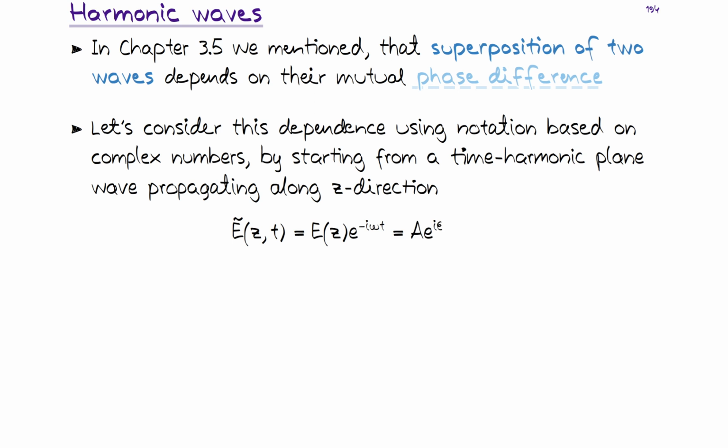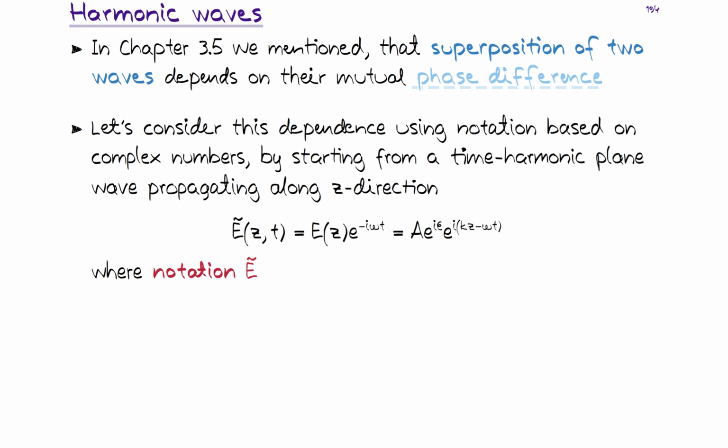And now I can break the position dependent part, so the propagation part, the harmonic plane wave part, into a term where I have the amplitude of the field A times some kind of initial phase, exponent i epsilon, and then I have my time-dependent harmonic plane wave contribution propagating in the z direction, so exponent i (kz minus omega t). So this is my field, and I will now sum two different kinds of fields with slightly different initial phases together, and let's see what we get out.